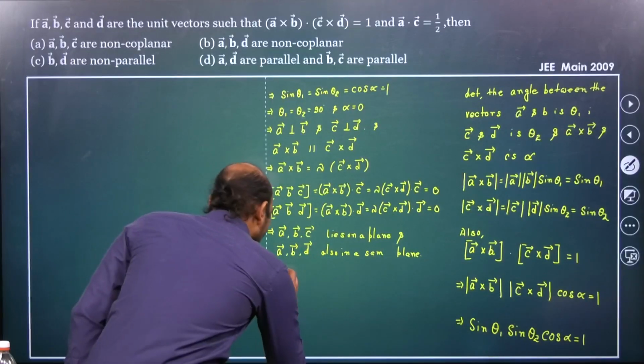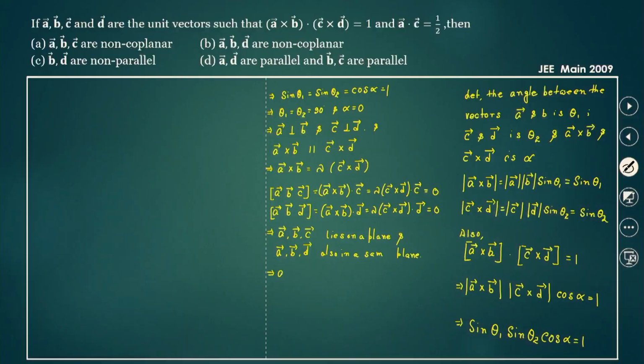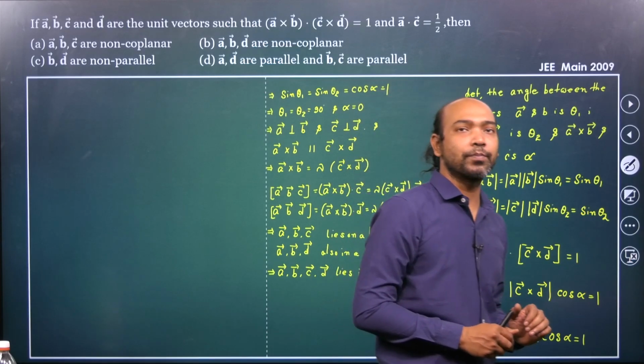So as the final line, let us conclude that the vectors A, B, C and D lie in the same plane. That's the one important conclusion we draw from this problem.